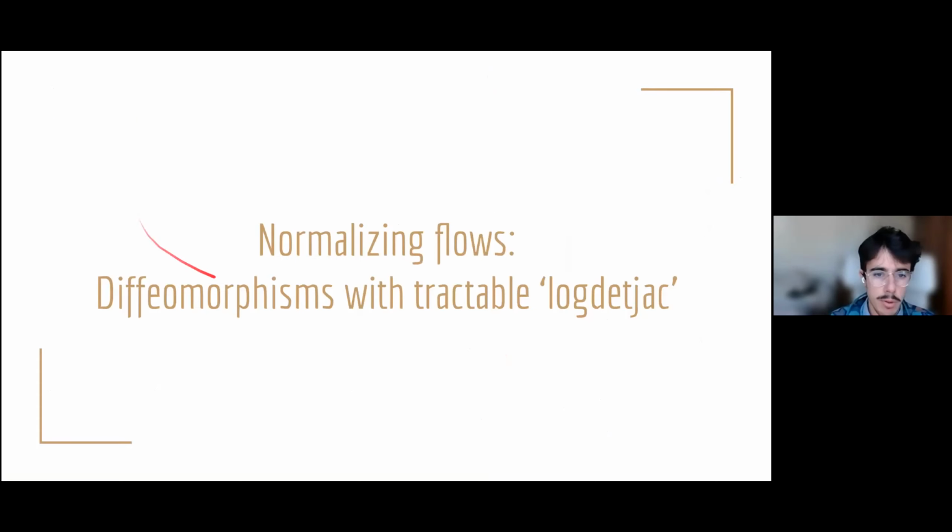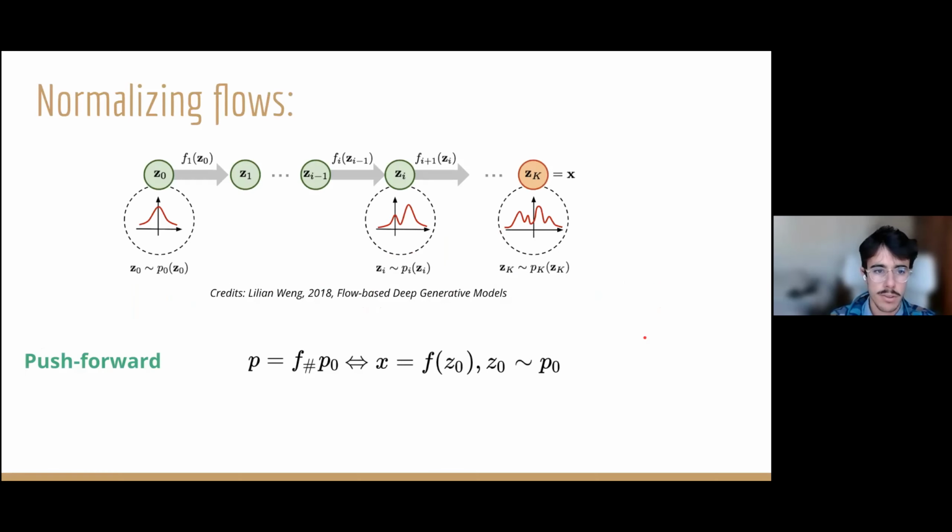So a quick recap of what normalizing flows are, in case not everyone is familiar, but I'll go quite fast. I guess in one sentence, they are diffeomorphisms with tractable log determinant Jacobian. And that is the slide.